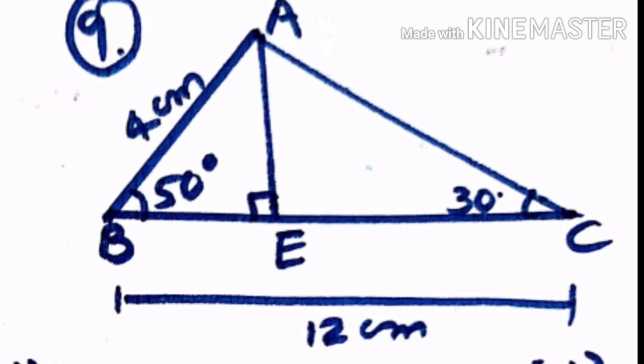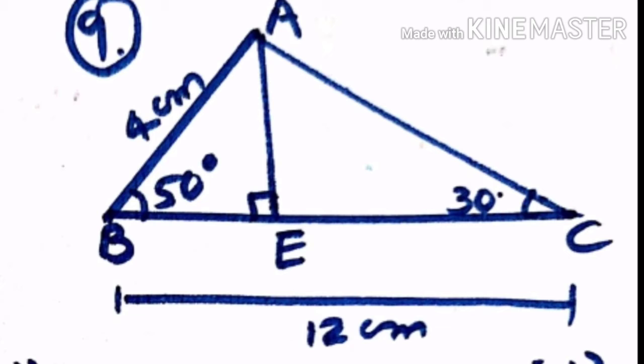Here all the values which they have given I have written. Also BC is given as 12, which I have marked with the straight line downside, and AE is perpendicular, it means AEB is 90 degrees. So now first of all we have to think which ratio I should select to find this BE and AC.